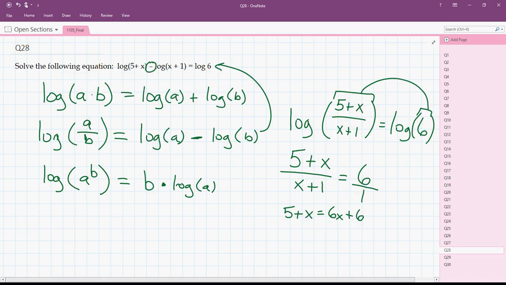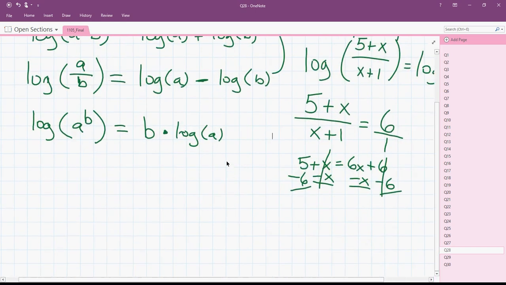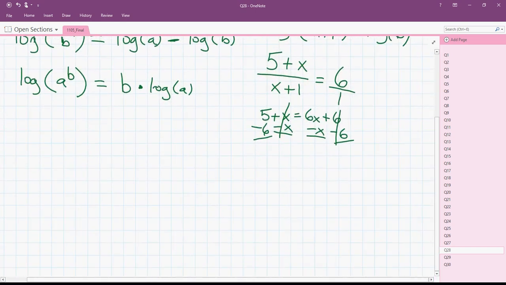Then we'll be looking to solve, so subtract x, subtract 6, and we get that negative 1 is equal to 5x, so x would equal negative a fifth.